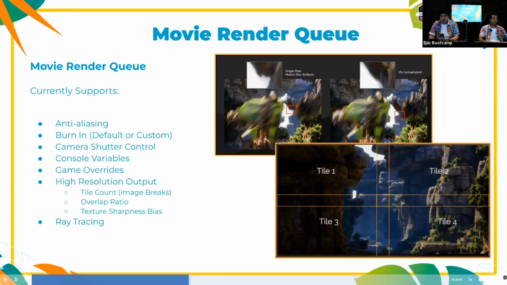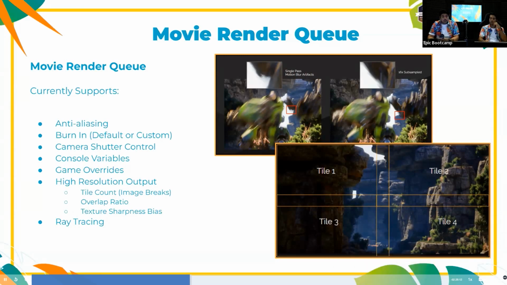Also, we have access to CVARs that will be important when we're working with the project. We can add certain information to the scene to improve the final look. And also we can add game overrides. For example, sometimes you have small pop-ups or elements that shouldn't be there. We have game overrides that help us set how we want this engine to run.